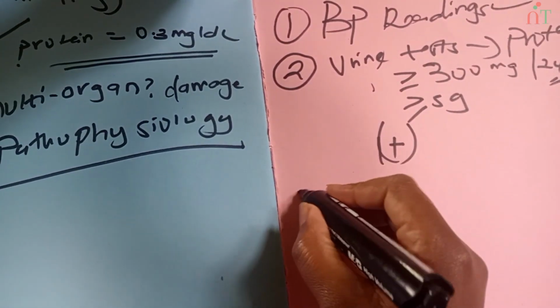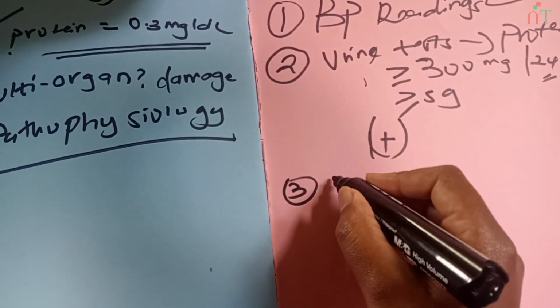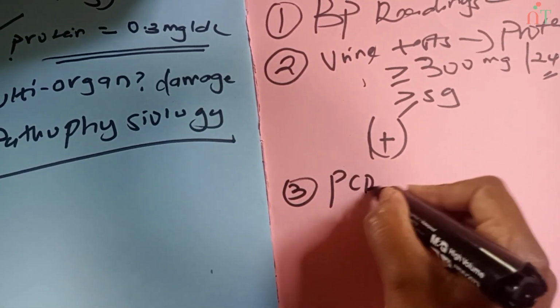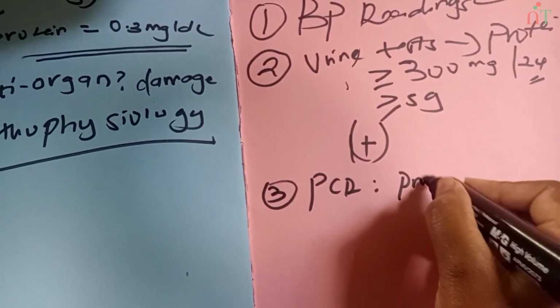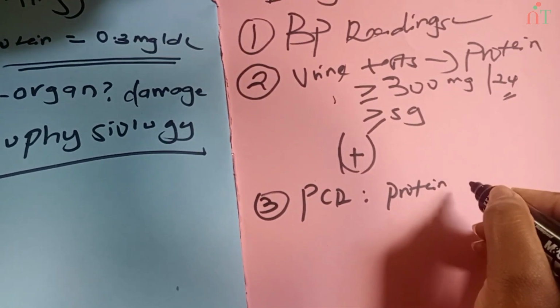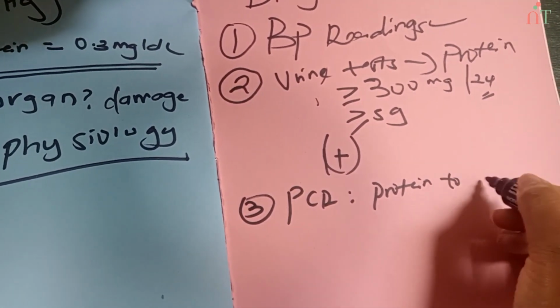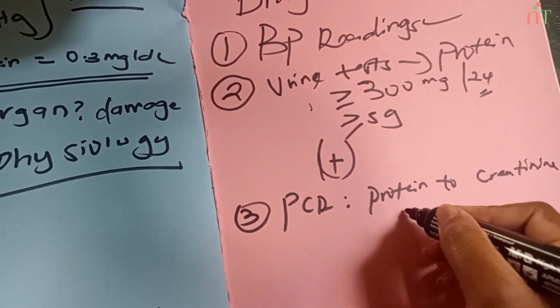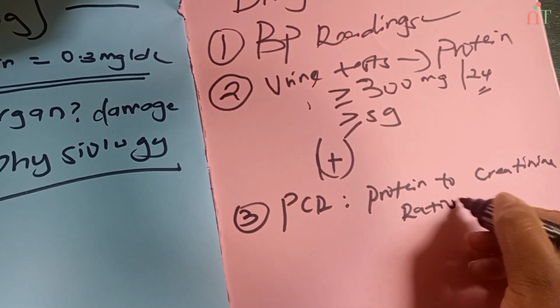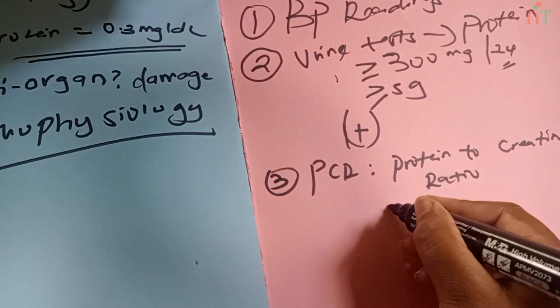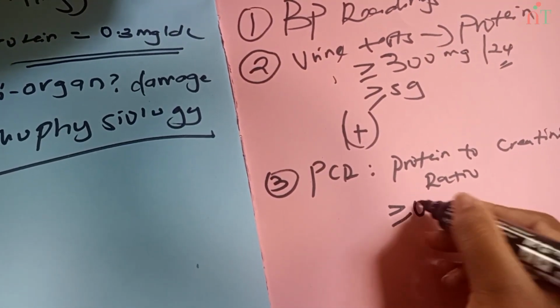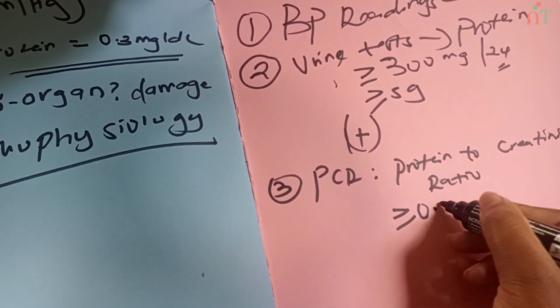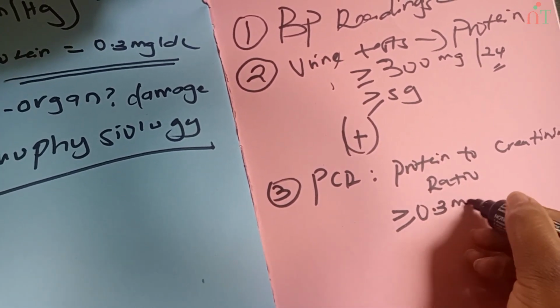And also let us talk about PCR, that is protein to creatinine ratio. In this case, the reading is greater than or equal to 0.3 milligram.